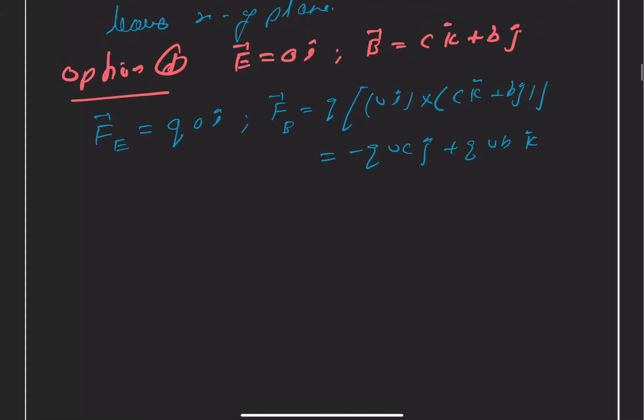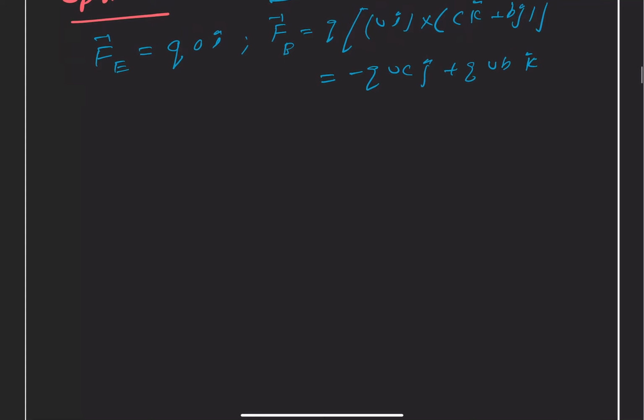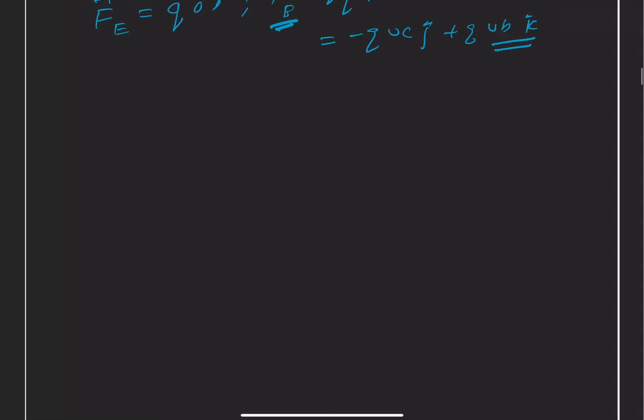So no doubt, in this case both electric field and magnetic field are present, but there is a component of the magnetic force which is in the k direction. So we can say force FP has a k unit vector component.